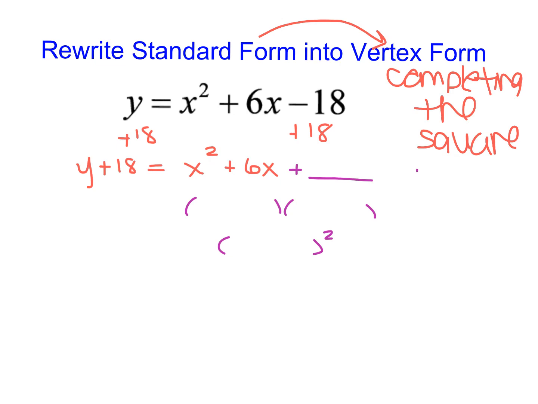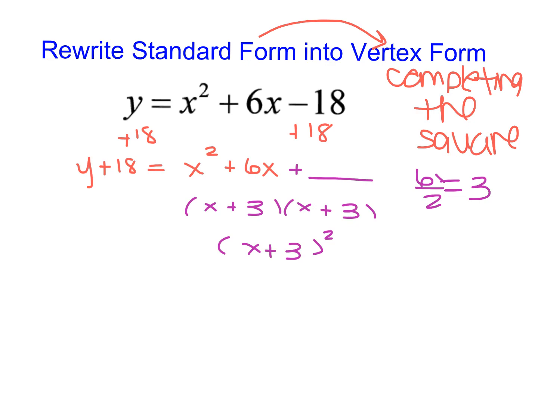So if I take 6 and I divide it by 2, that is going to give me 3, and a positive 3 at that. So I know that inside my parentheses here is going to be x plus 3 and x plus 3, which will hopefully give me x plus 3 in parentheses squared.